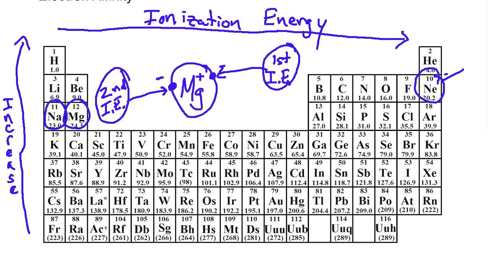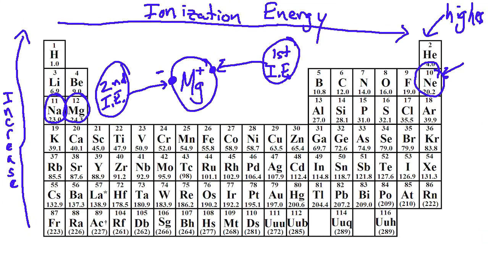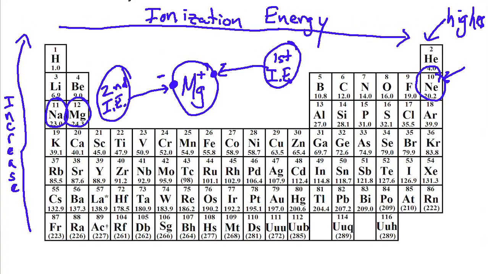Now I've hit the configuration of a noble gas, and that is going to be incredibly difficult to start taking away additional electrons. So ionization energy is going to be highest when you hit this point, the noble gases. Sorry, I'm getting cut off there, highest ionization energy at that point.